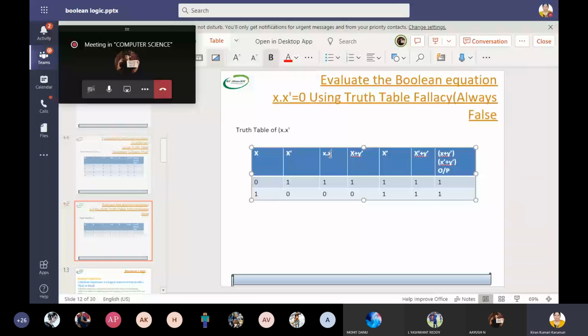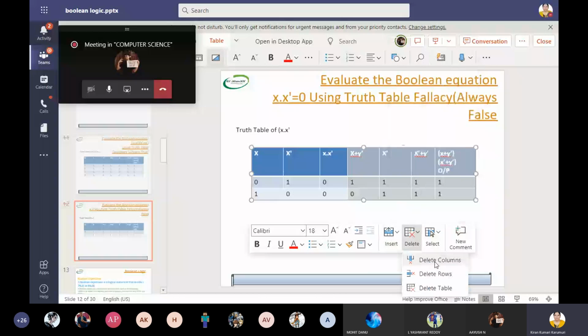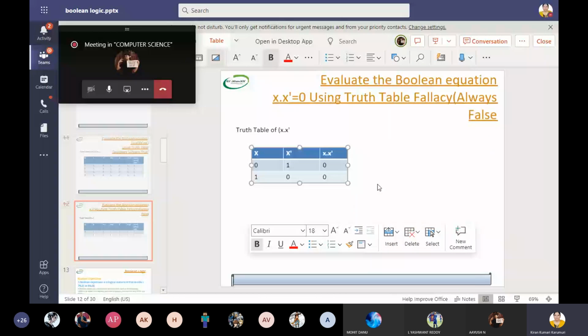So this is the expression which always results in false, output is 0, whatever may be the input. Then it is known as, what do you call it? Fallacy.